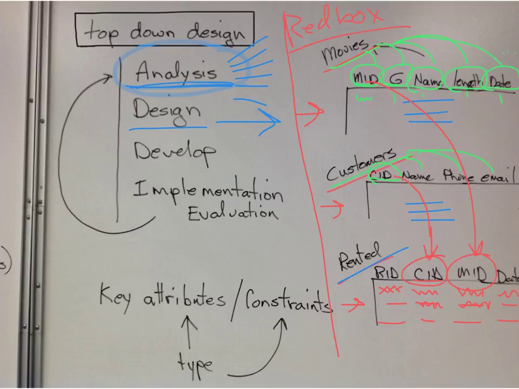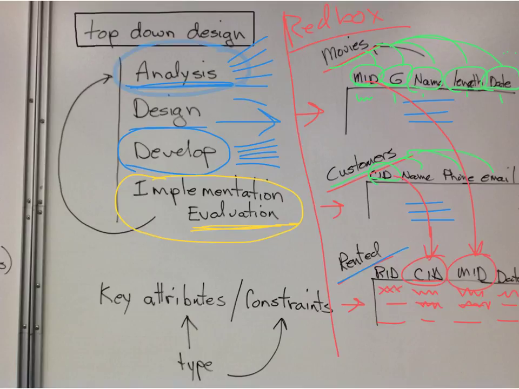Once we understand our data, then we can start to design, and that would be designing entities and deciding what general attributes would be tied to the entities. Developing is you put specifics in your tables and start developing them. You start creating them. And then implementation, you put it to work. You start using the database, and then you evaluate if it's working.